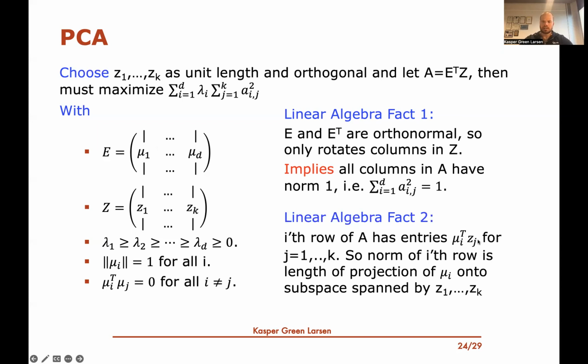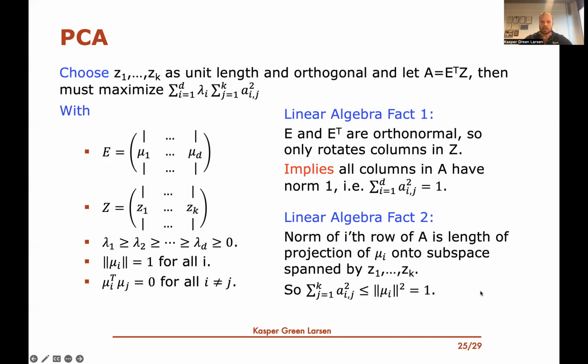Now if you remember these projections, this whole row just contains all the coefficients for the projection of mu i onto the subspace spanned by the set j's. Which means that the norm of this row is the length of the projection onto the subspace spanned by set 1 to set k.